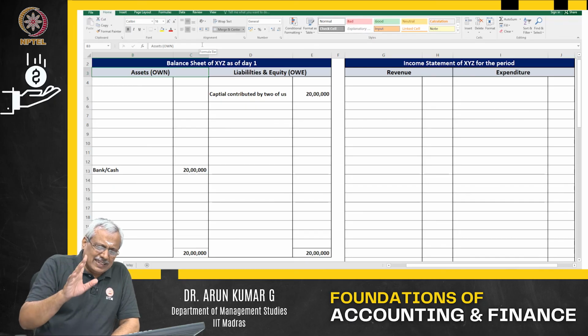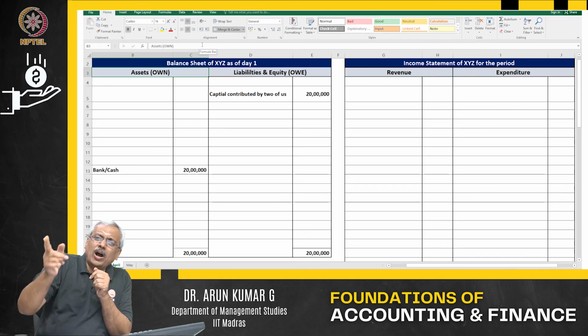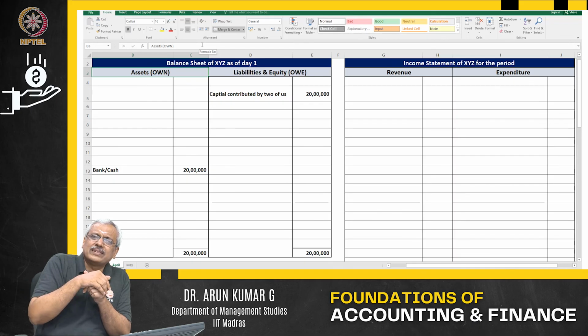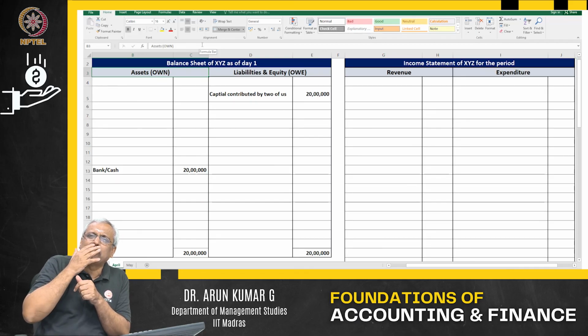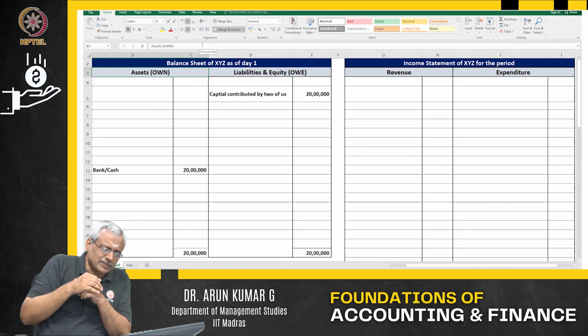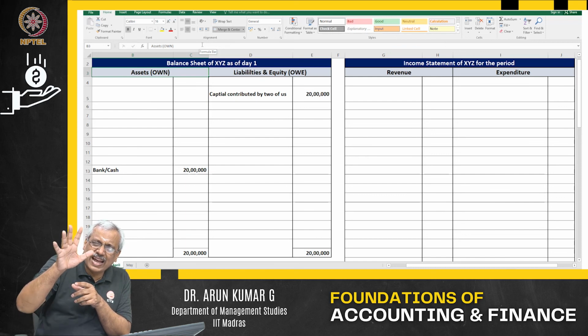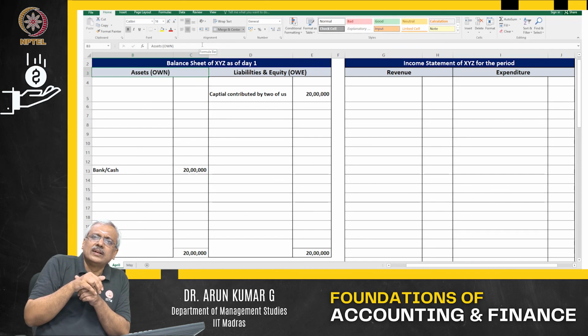Now immediately with the capital, I go out and buy what is called a machinery. I place an order and take delivery of machinery for plant and machinery. Now the machinery costs about 50 lakhs. I have paid 5 lakhs in the form of a check or cash, whatever it is.